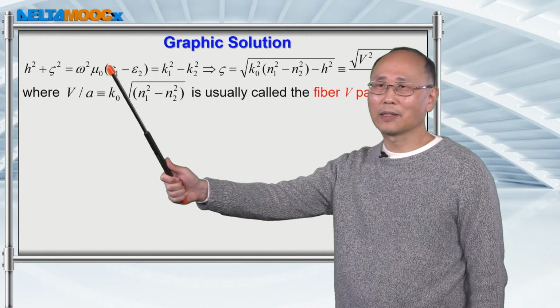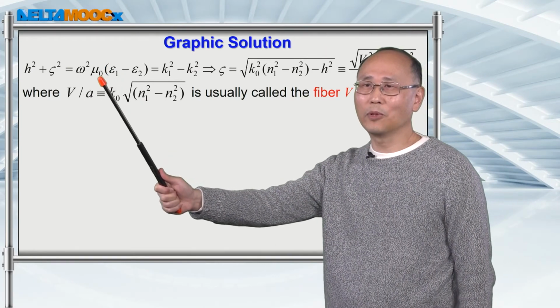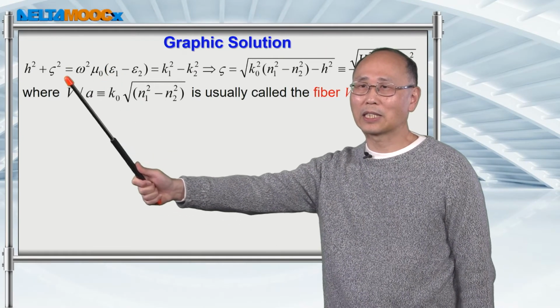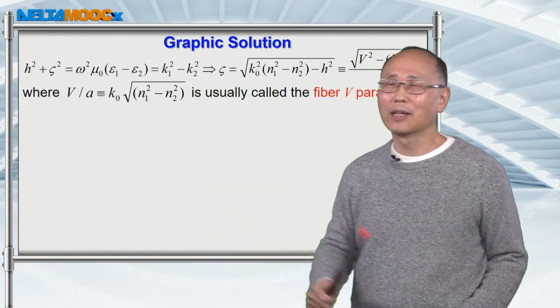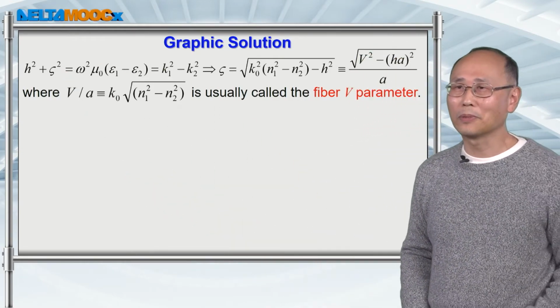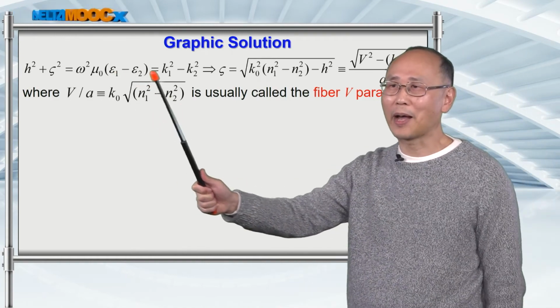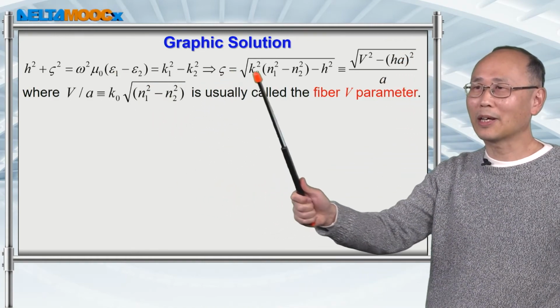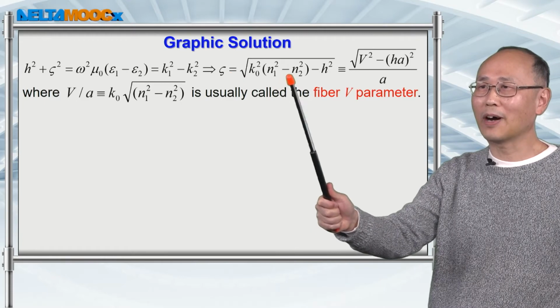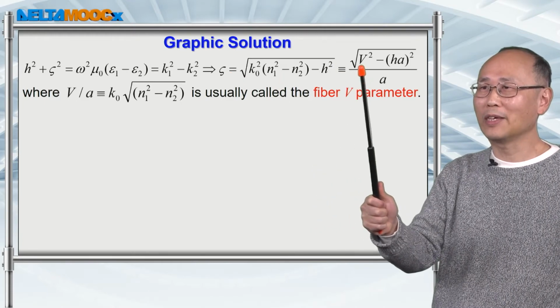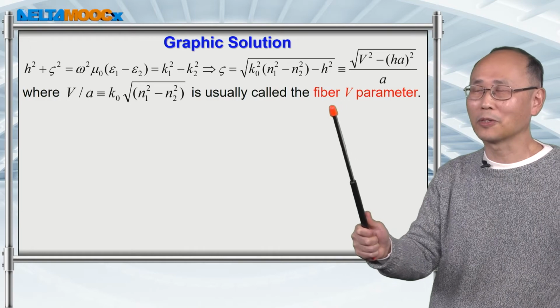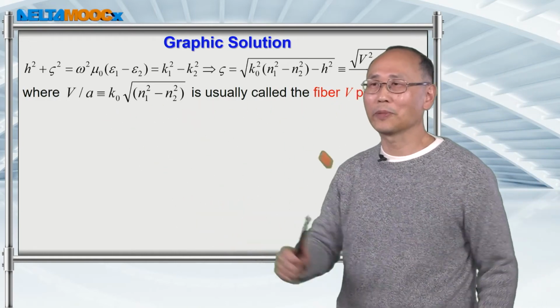So I copy it down to this, and then let's move everything to the right-hand side except this zeta. And again, this zeta is comparable to the alpha defined in the dielectric slab waveguide. So let's write zeta equal to this expression and define a variable called V. We call this the fiber V parameter, equal to this expression.